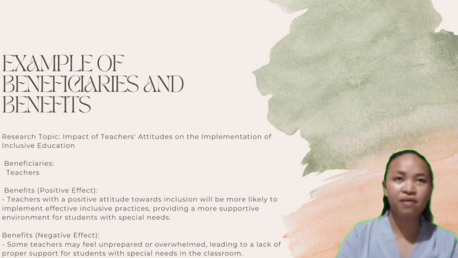The positive effect is that teachers with a positive attitude towards inclusion will be more likely to implement an effective environment for students with special needs. The negative effect is that some teachers may feel unprepared or overwhelmed, leading to a lack of proper support for students with special needs in the classroom.